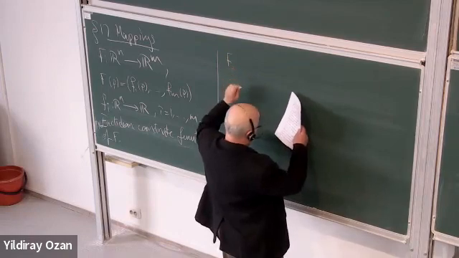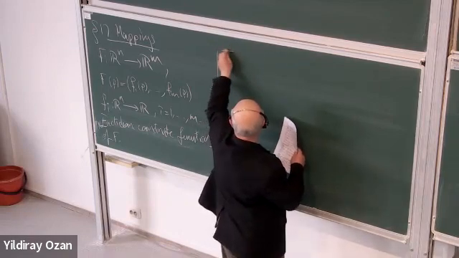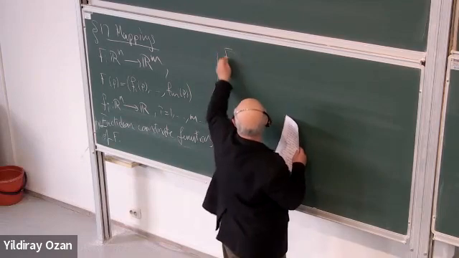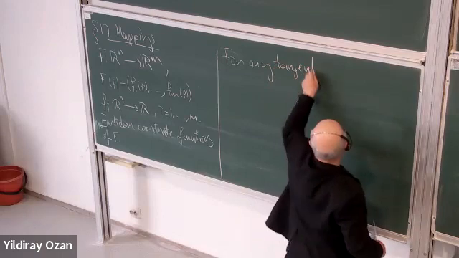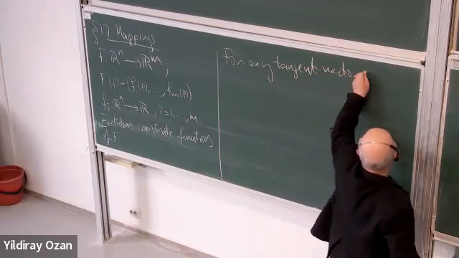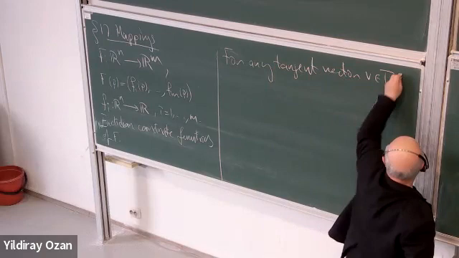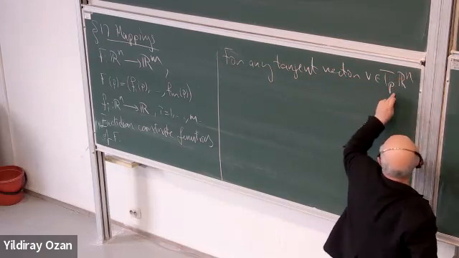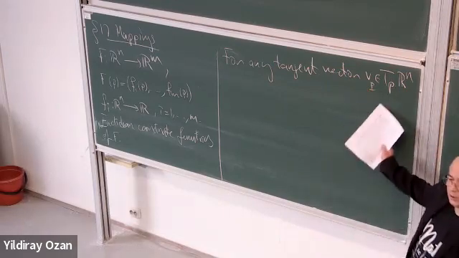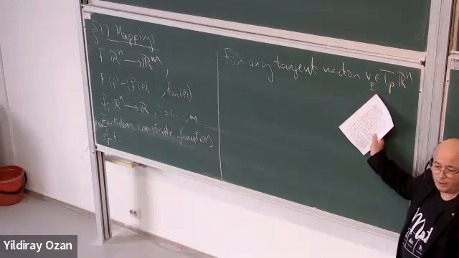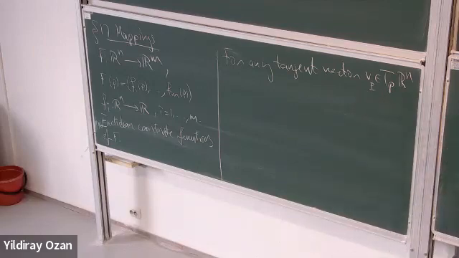So for any tangent vector, let's say this is a tangent vector to Rn at the point P. We have to put P, the point P, here, but just to make life easier, we will usually skip it once it is understood at which point the tangent vector is chosen.